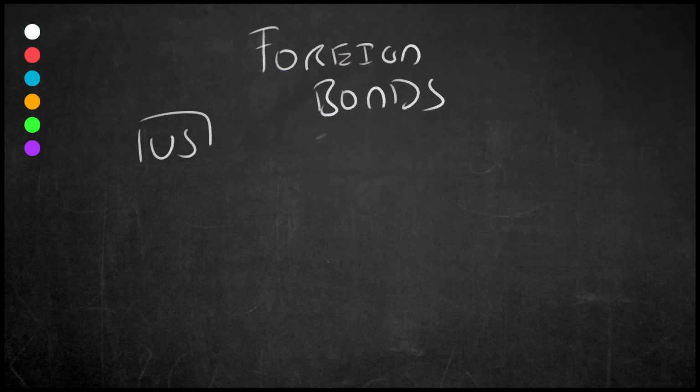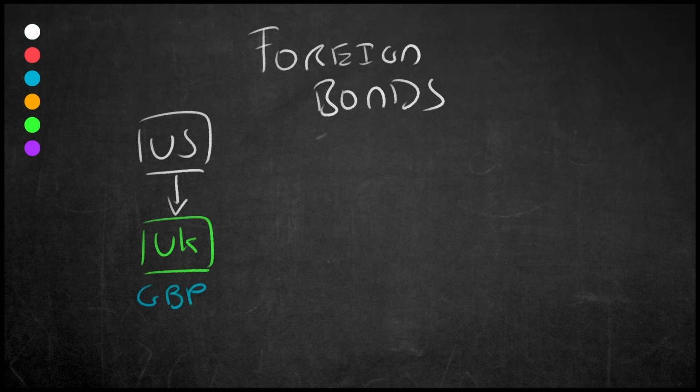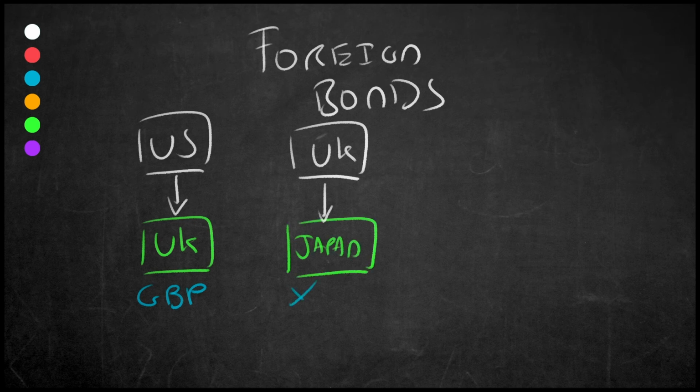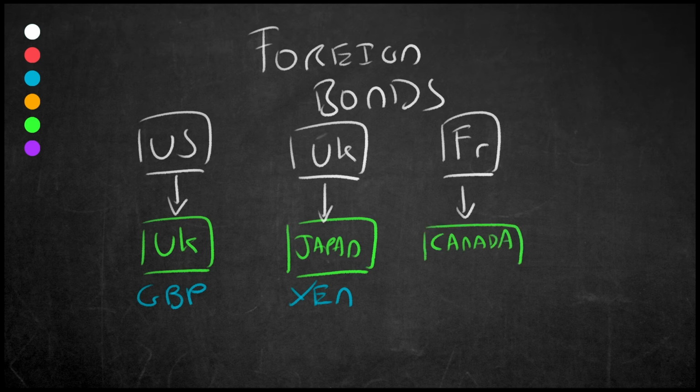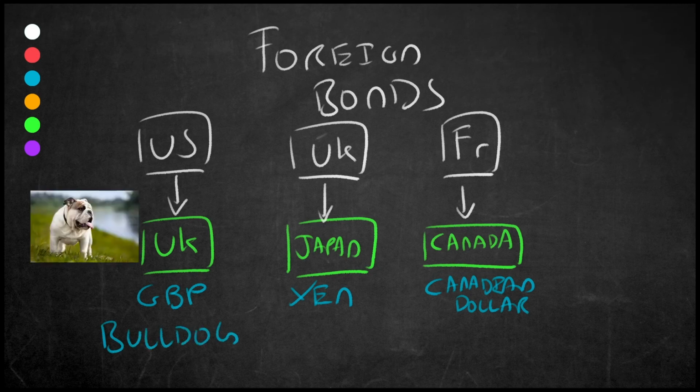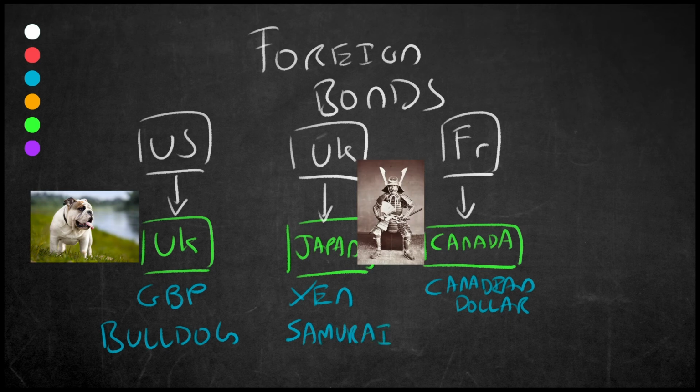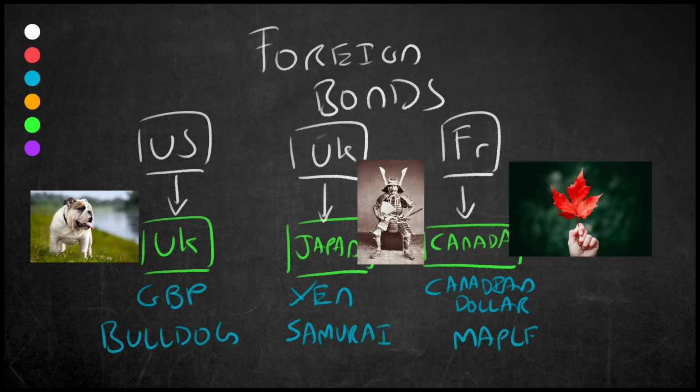So, for example, a US firm issuing bonds in the UK in GBP, or a UK firm issuing bonds in Japan in Japanese yen, or maybe a French firm issuing shares in Canada in the Canadian dollar. And these can have pretty wacky names. This first one would be called a bulldog bond, the second would be called a samurai bond, and this one would be called a maple bond. So that gives you an understanding of foreign bonds and how they compare with Eurobonds.